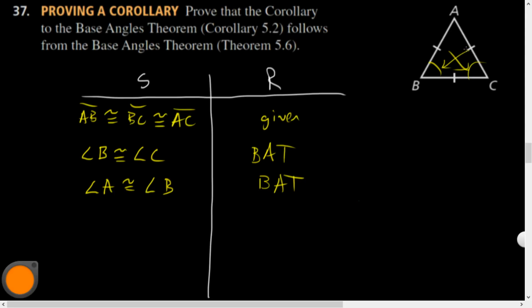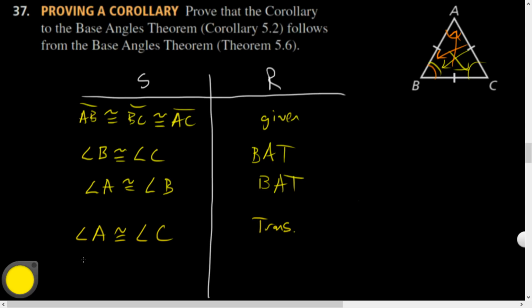So since these are congruent, this angle and this angle are congruent to each other. And then by transitivity, angle A is also congruent to angle C. Since they're all three congruent to one another, this is by the transitive property.